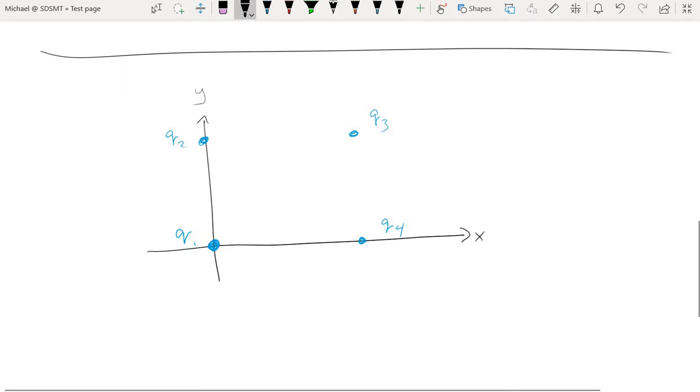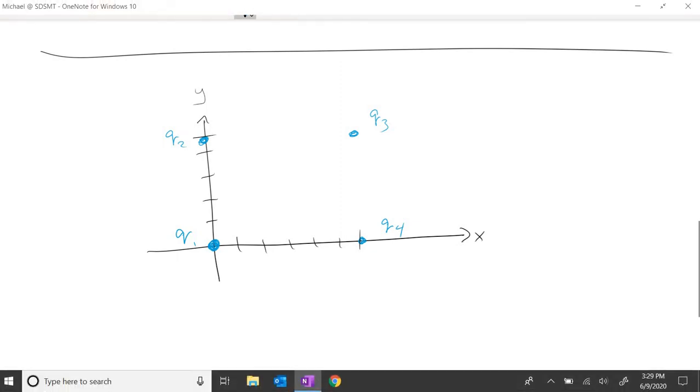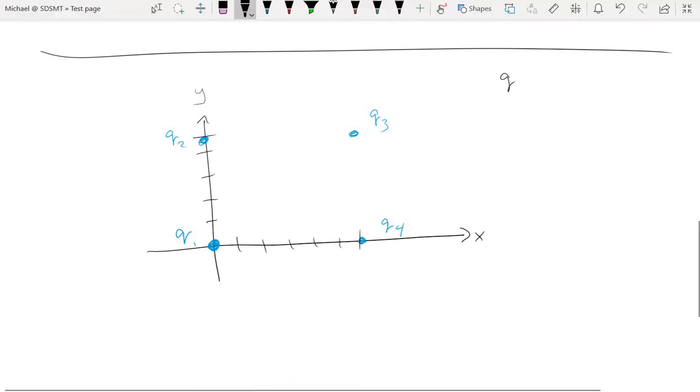And we'll go ahead and put some measurements here on the number line: 1, 2, 3, 4, 5, 6, and we'll do 1, 2, 3, 4, 5, just so it's not completely squared. And we can put some charge values in over here. We'll do 10 microcoulombs, -20, 30, and -40.